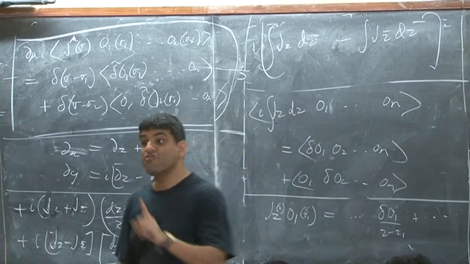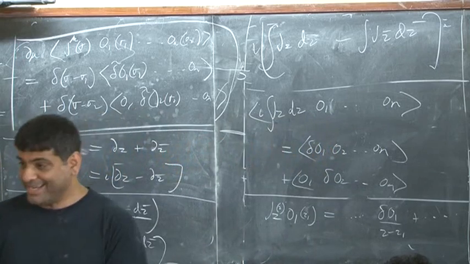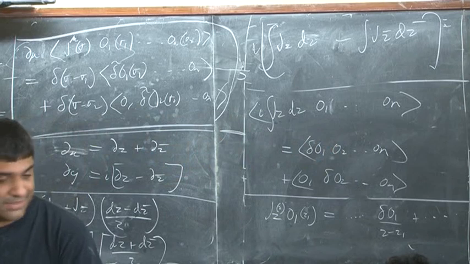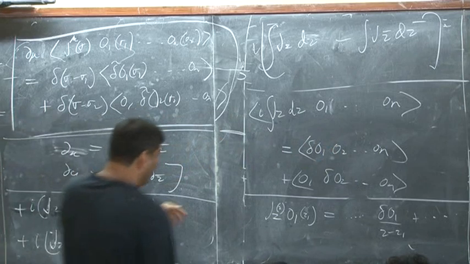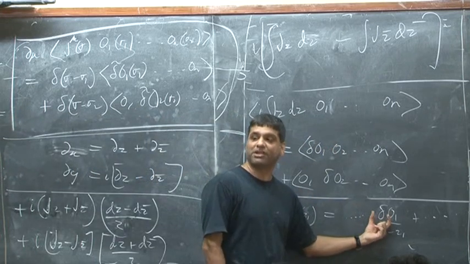On the other hand, suppose you have a non-abelian symmetry. Then one current transforms another. And then you will have something like this, where the coefficients will be the structure constants.